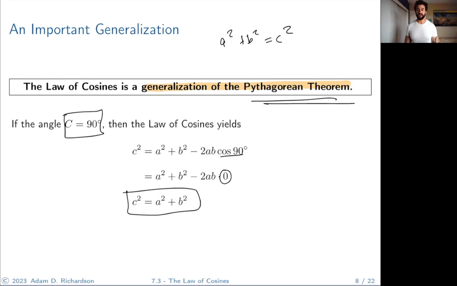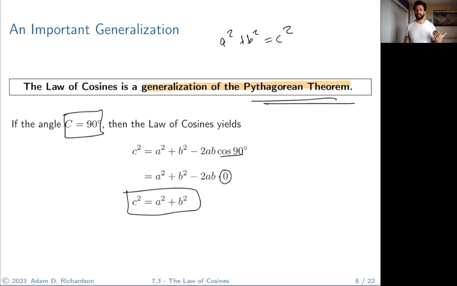So when you think of the law of cosines, you should think of it as the Pythagorean theorem, but generalized to any triangle. It doesn't have to be a right triangle. Remember, the Pythagorean theorem only applies to right triangles. So you have to have a right triangle to use the Pythagorean theorem. But the law of cosines is saying, hey, we can get this information for any possible triangle.